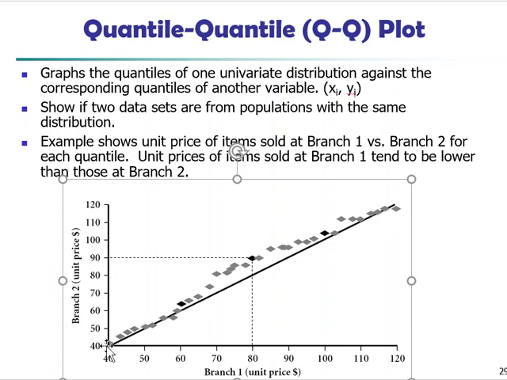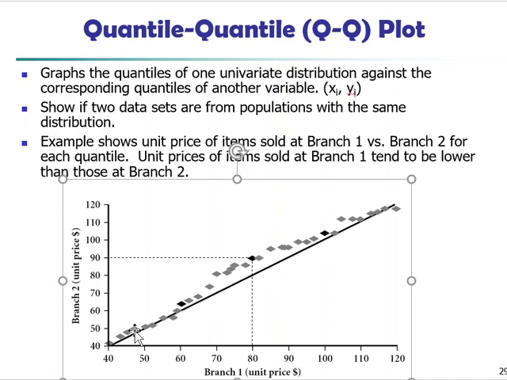This will give you a two-dimensional plot, whereby by examining the shape created by those data points in the graph, you can tell whether those two univariate distributions are the same. If they form a straight line, then their distributions are the same.